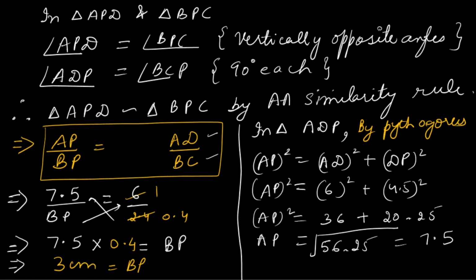AP by BP is equal to DP by CP, equal to AD by BC. If we take the whole triangle, we'll get 8 only. But ma'am, what you did is also correct, the answer changes to 7.5.